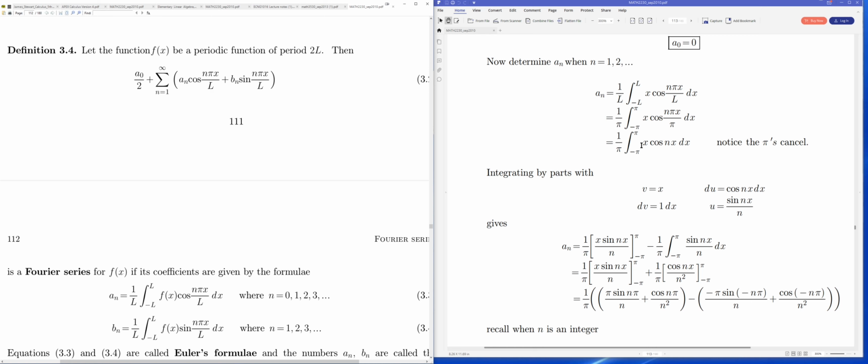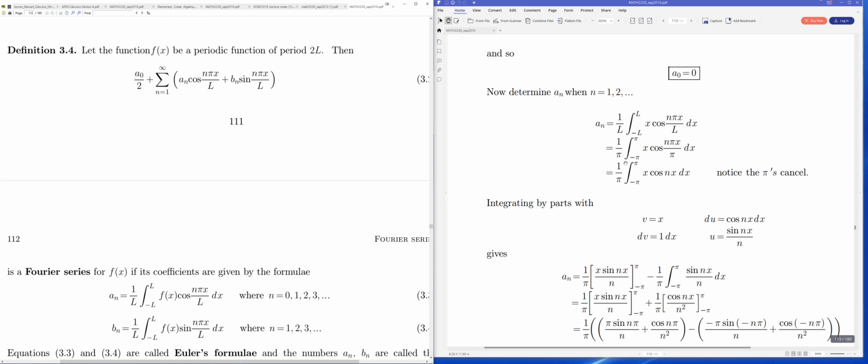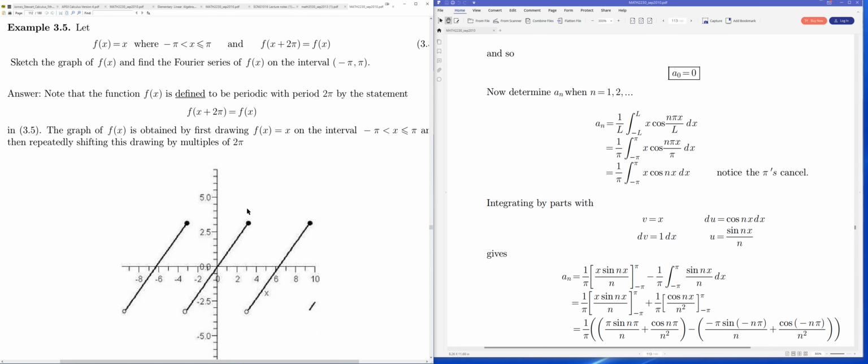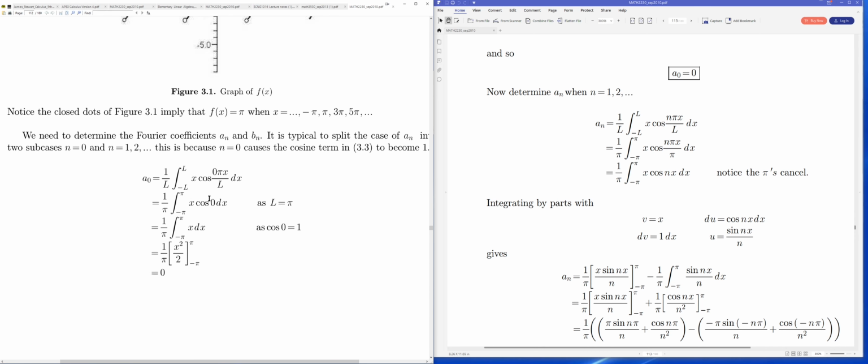So when I put in the information for L, that L is equal to pi, and I put in that the function is equal to x, and I simplify it, then I get this integral. Now, you want to notice something over here. This is in the case when n is equal to 1, 2 onward. In the case when n was equal to 0, what happened?